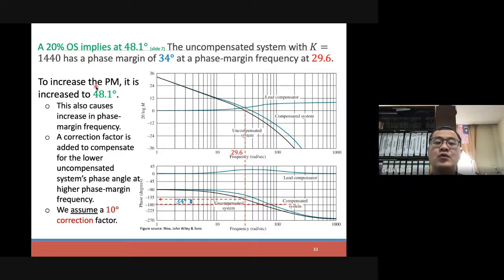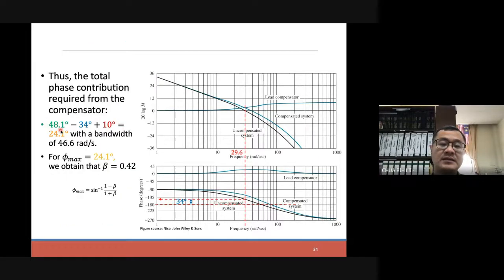Therefore our target is 48.1, not 34. So we need to do some correction. Since this is about 10 degrees probably, we assume a 10% correction factor. So 48 minus the original, then add back a correction of 10%, we get roughly 24.1.